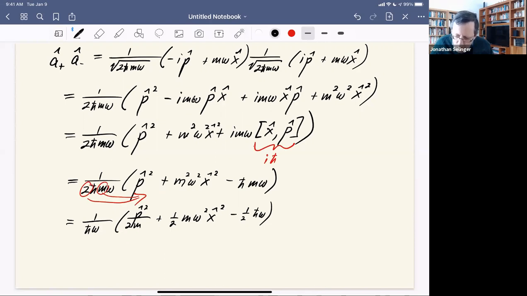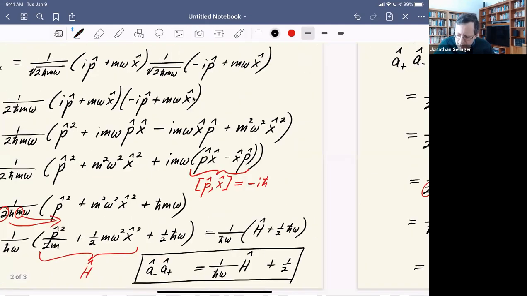And once again, this combination is the Hamiltonian. So the whole thing is equal to 1 over h bar omega times the Hamiltonian, and now just minus a half.